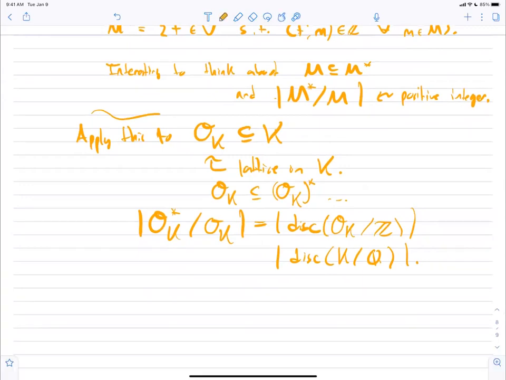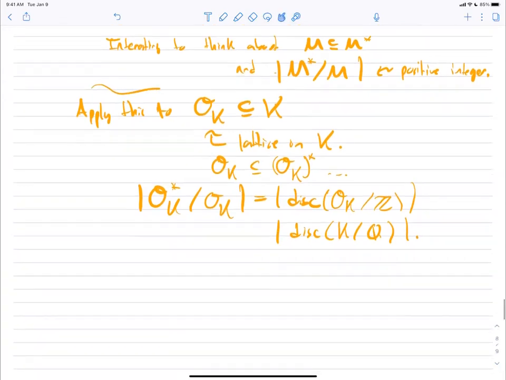There's a standard way to do this. Somehow we want to compute the index of M dual in M.